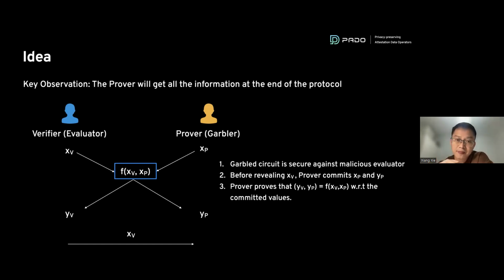So even if a malicious prover introduces some malicious behavior in the 2PC protocol, at the end the verifier will detect whether the prover cheated or not. This is what we want. We do not prevent the malicious prover; we just want to detect the malicious behavior of the prover.